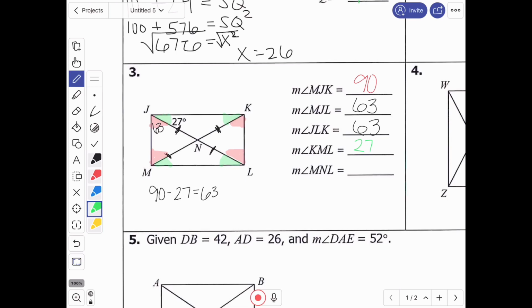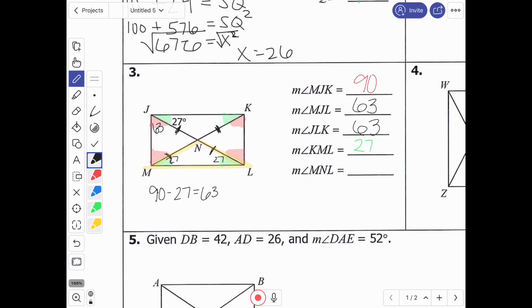Alright, this last one, angle MNL. Okay, so that is one of the angles that we know nothing about. But luckily, if we just break this down into one triangle, specifically this one, I know that this green angle is 27 degrees and this green angle is 27 degrees.